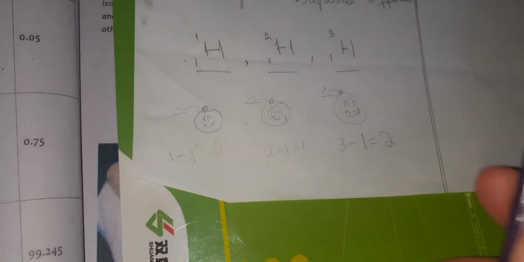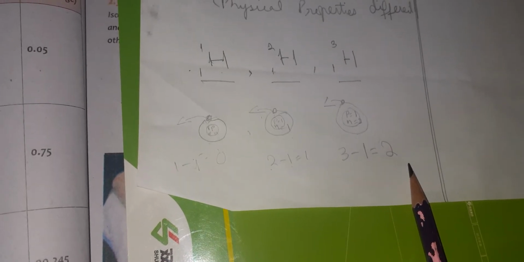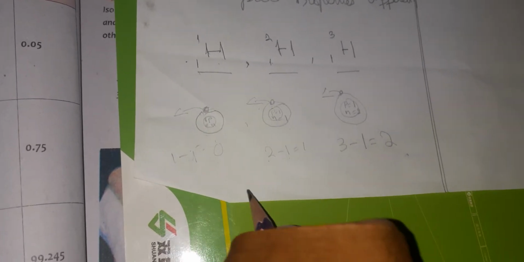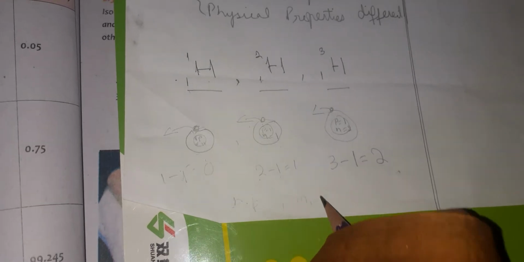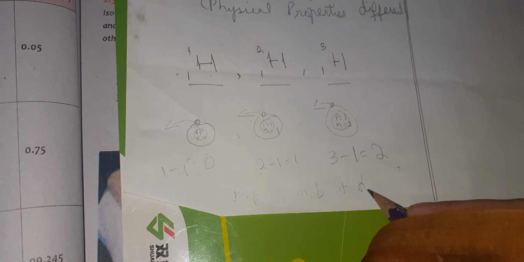So all have only one electron, so this one electron will react, whereas the physical properties depend on the number of neutrons or on the mass number. As the mass number or number of neutrons are different, that is why their physical properties like boiling point, melting point, and density, etc. are different.